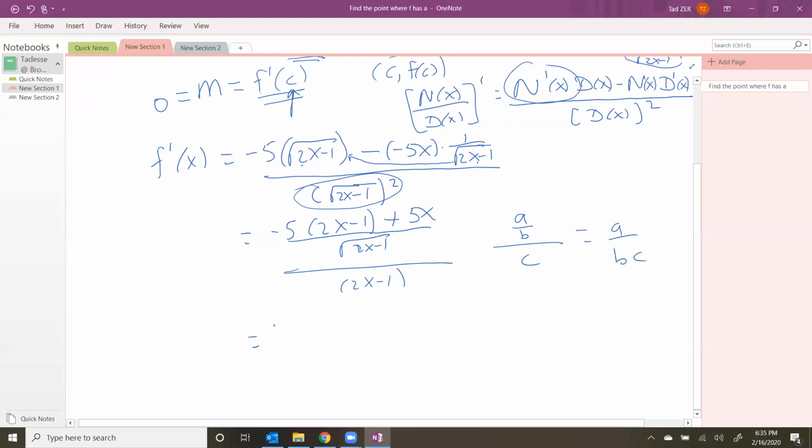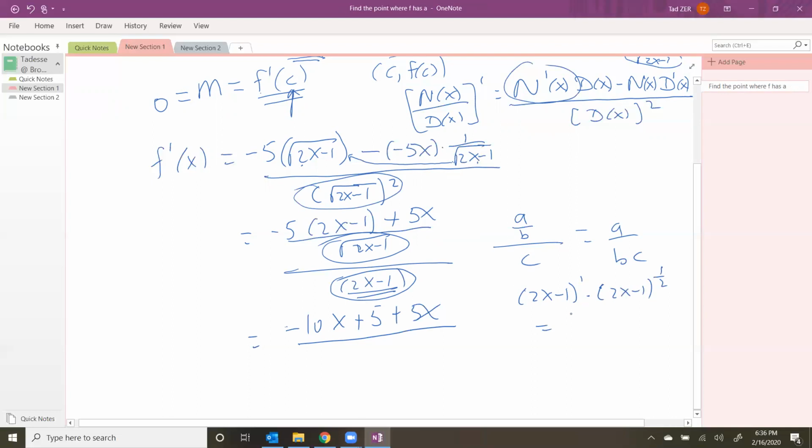So this will give me minus 5 times 2x, which is minus 10x, plus 5 plus 5x, divided by 2x minus 1 times radical of 2x minus 1. They have the same base, so think of it as 2x minus 1 to the power of 1 times 2x minus 1 to the power of half.